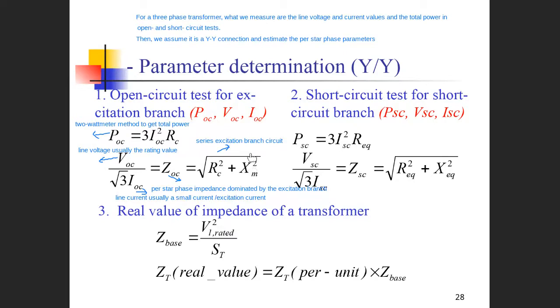Once again, to highlight that, it is dominated by the excitation branch, not exactly equivalent.